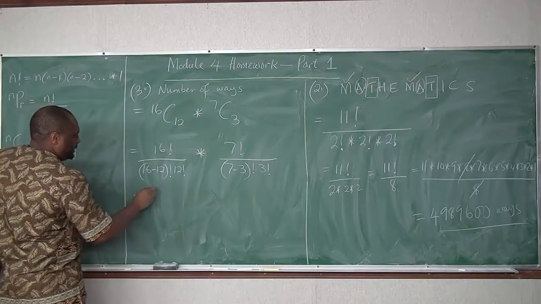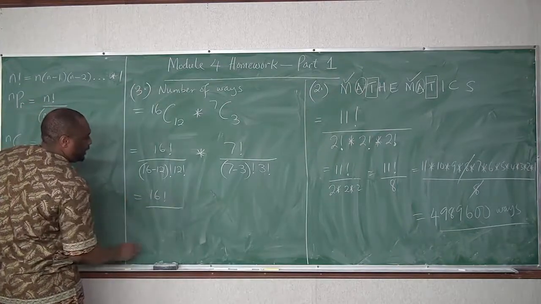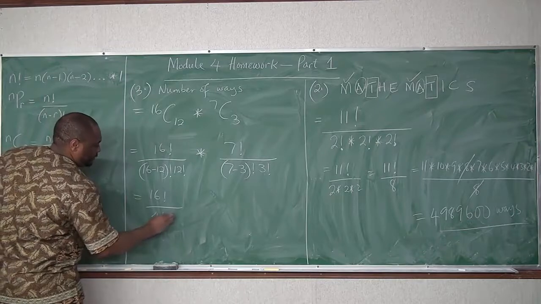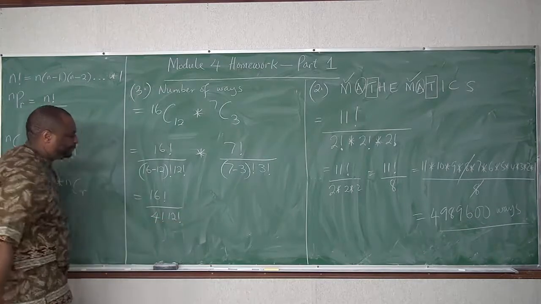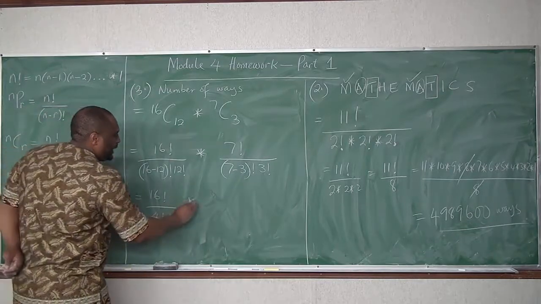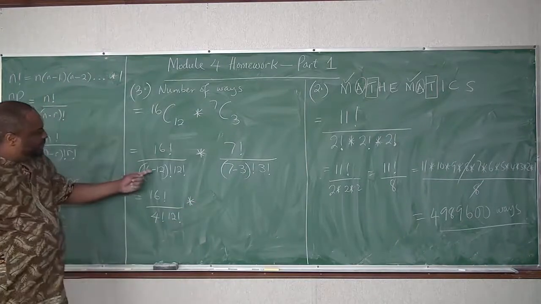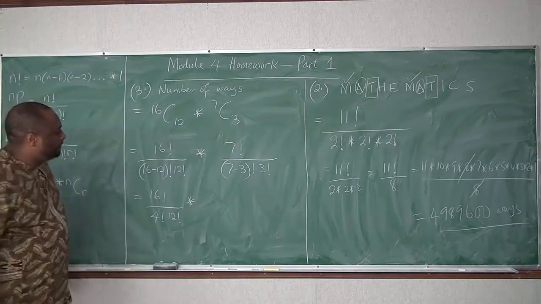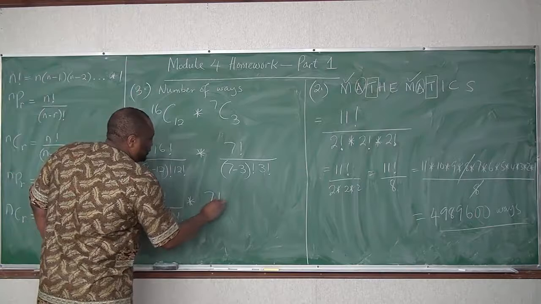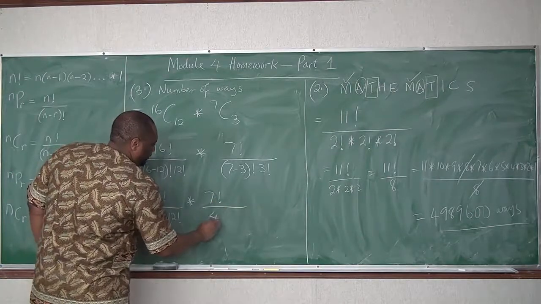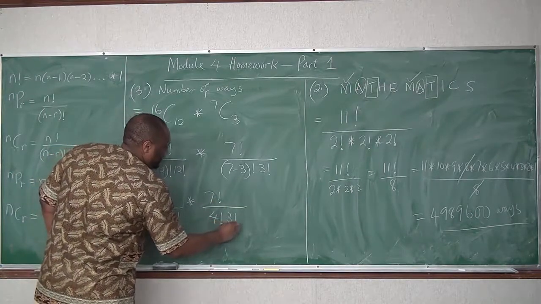So this will give us 16 factorial all over 4 factorial times 12 factorial, times, because 16 minus 12 is 4, 7 factorial all over 4 factorial times 3 factorial.